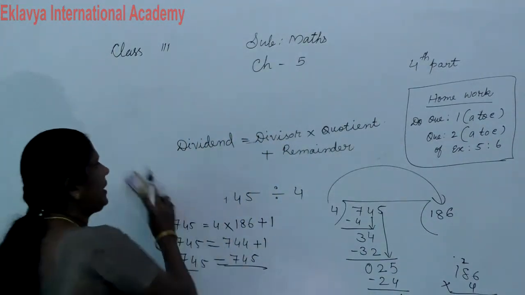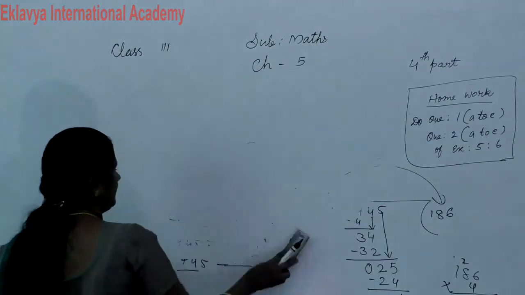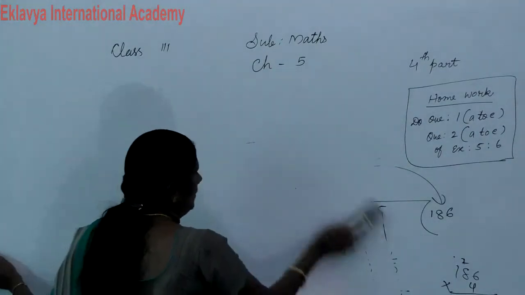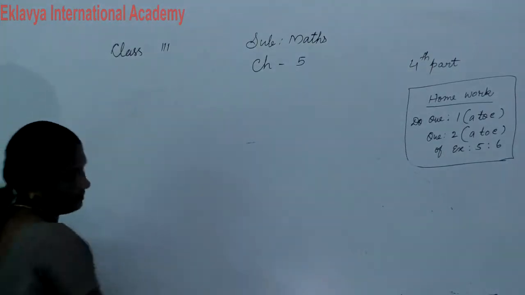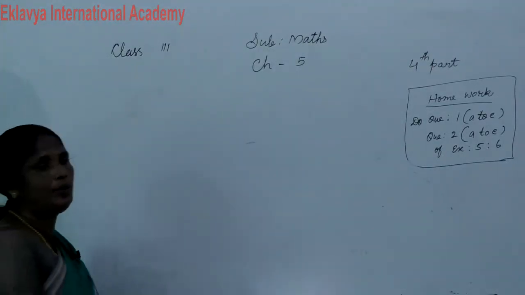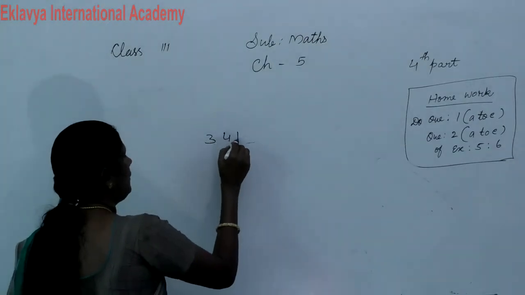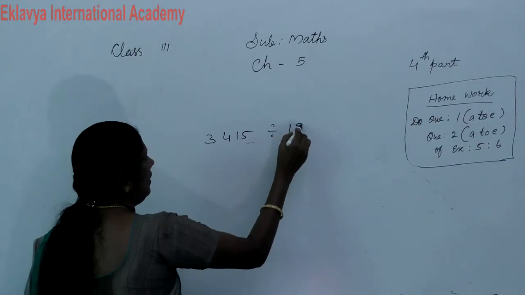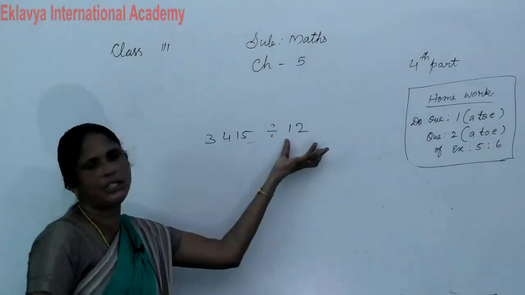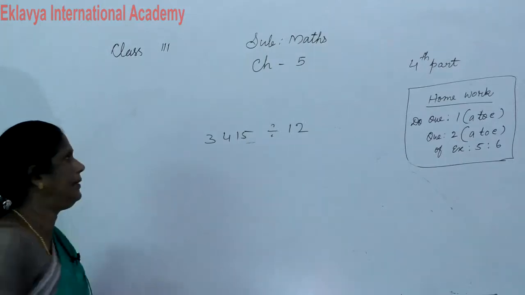Now our topic is division by 2-digit number. 3415 divided by 12. This is 2-digit number.